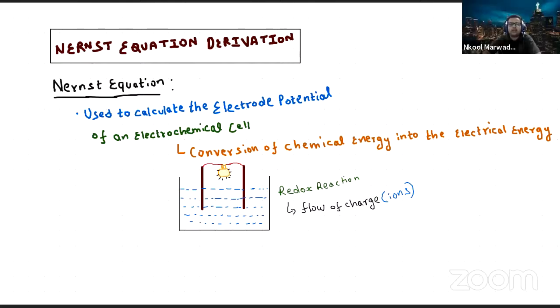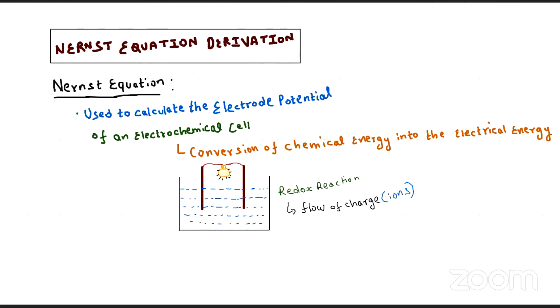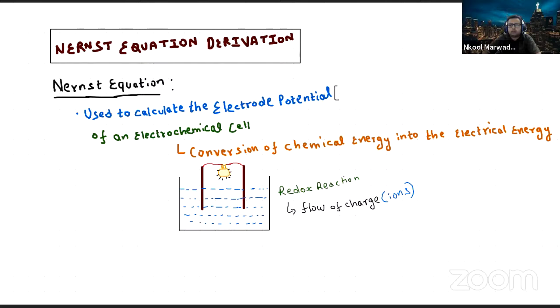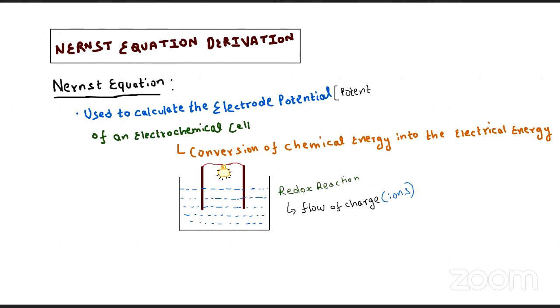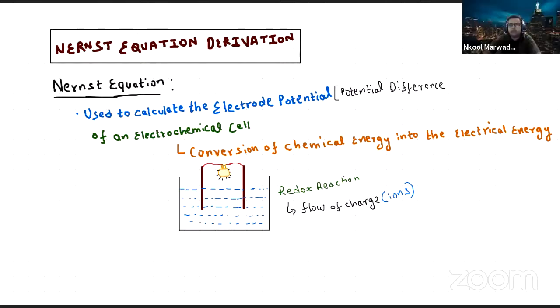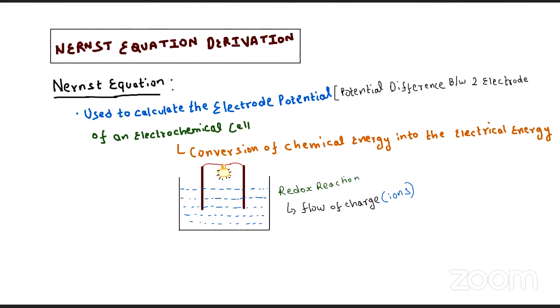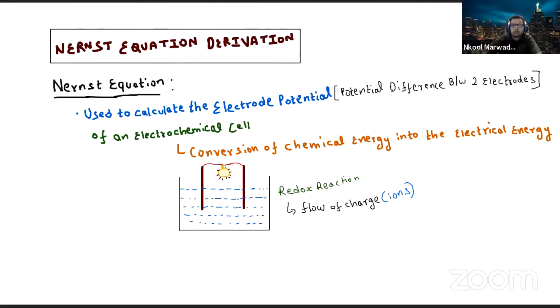So now we got an idea of the meaning of electrode potential, and also the significance of the Nernst equation. So this is clear to us.